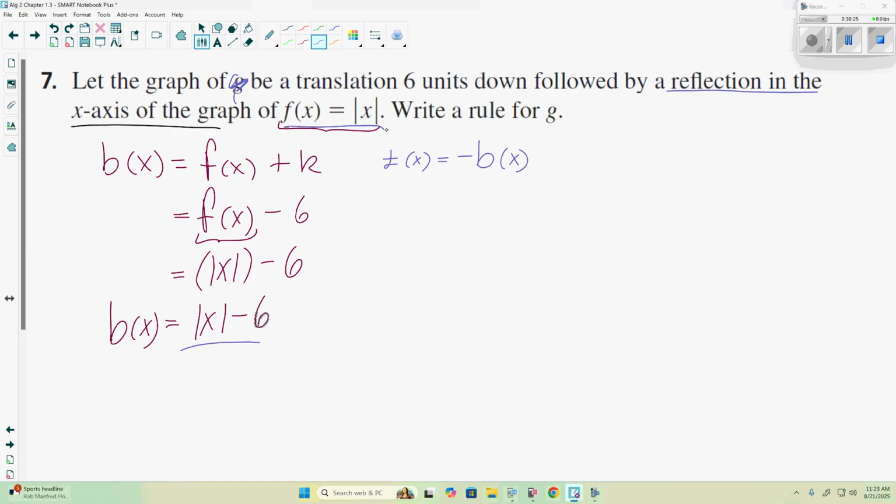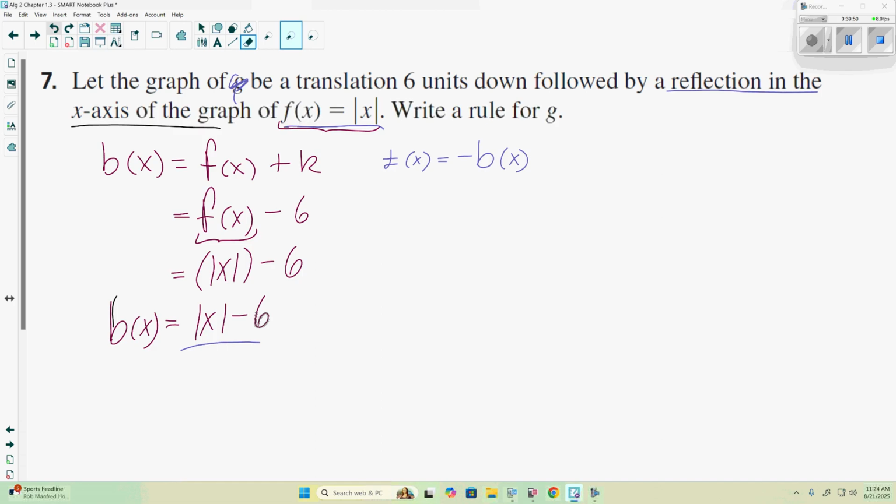Yes? Because if we called this f of x, and I said we want to use the function f of x, are we using this one or that one? We don't know because they're named the same thing. That's why we're giving them different names, so we don't have to point to it to say which one we're talking about.